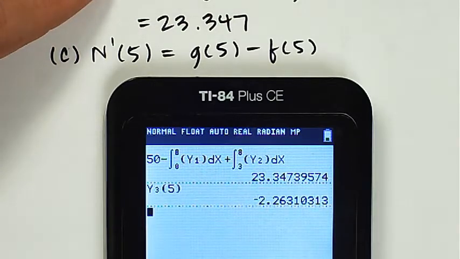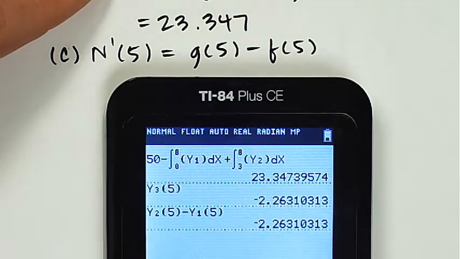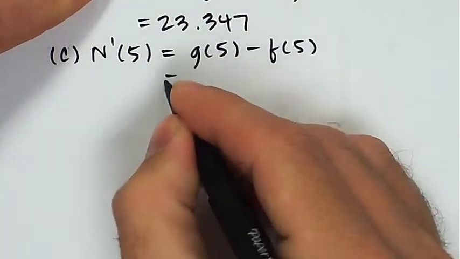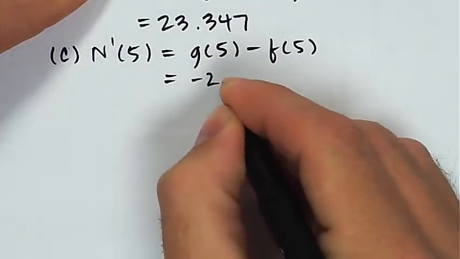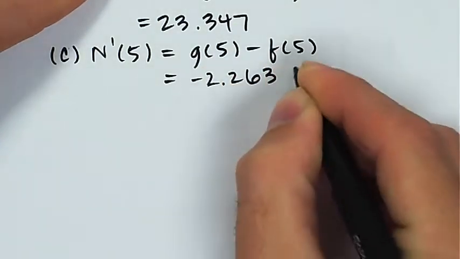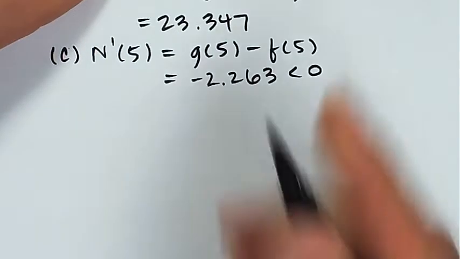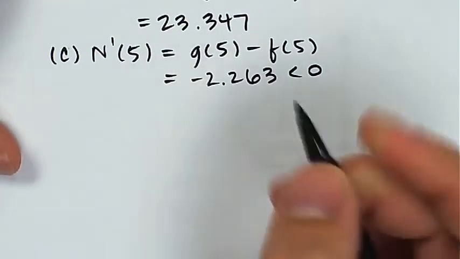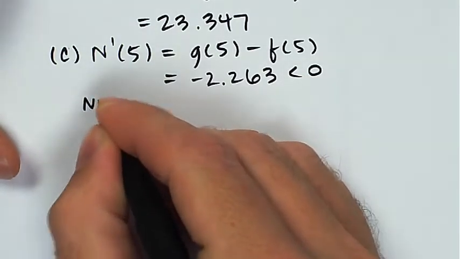Just making sure, rate in minus rate out, and it is negative 2.263. That's a less than 0 number, so I can conclude that the number of pounds is decreasing at t equals 5.